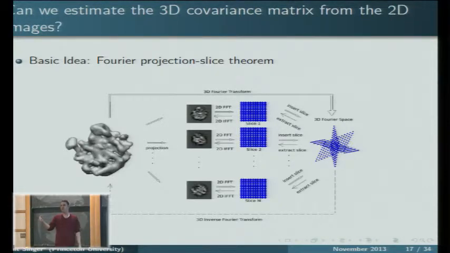For any two frequencies, I can find the corresponding planes and now generate the entire 3D covariance matrix. So that's the basic idea. There are going to be problems with this basic idea, but I just want to make sure that we all agree on the basic idea. Okay, so what it shows is that we can actually do that. I don't need in this process to reconstruct any molecule. I'm just using the slice theorem, populating the entire 3D covariance matrix, and then I can proceed with PCA.